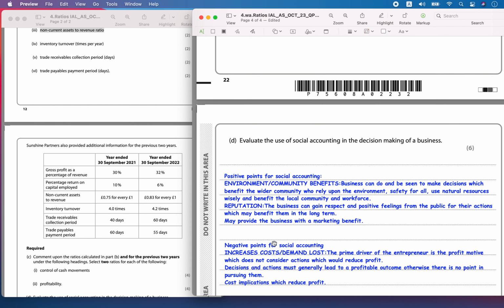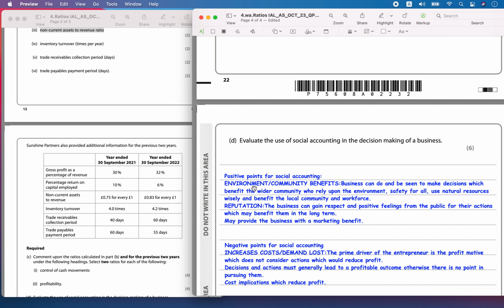Then you have to evaluate the use of social accounting in the decision making of a business. If you're talking about social accounting, you should talk about community, environment, sustainability, employees not being made redundant, or improving the skills of employees and stuff like that.